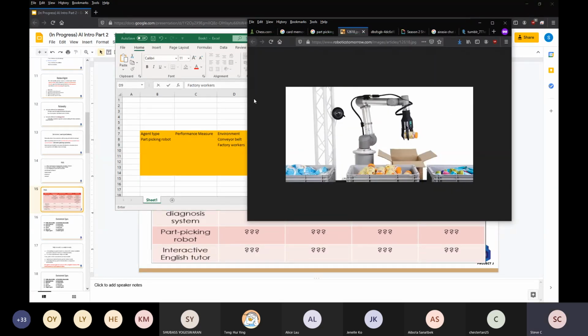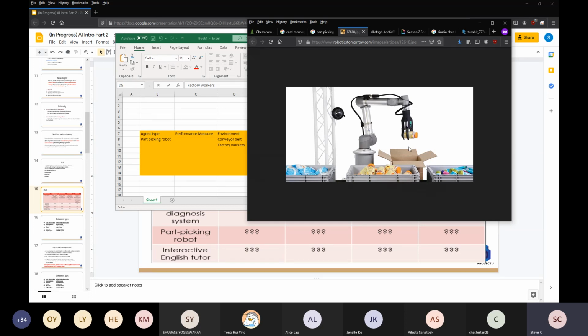So now let's talk about the performance measure. How would you measure the performance of this particular robot? So let's analyze its task. Its task is to pick one item from each of these bins to be packaged into this particular brown box, right?